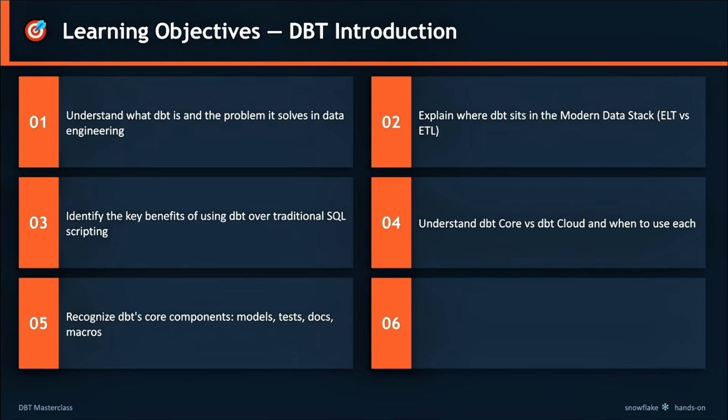So basically, these are the 5 pillars of DBT, and everything in this course revolves around them. And last, you will know which databases and warehouses DBT supports, and specifically why Snowflake is such a great fit for DBT, which is why we are using it in this course.